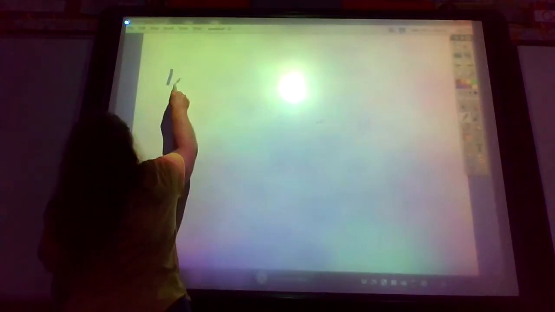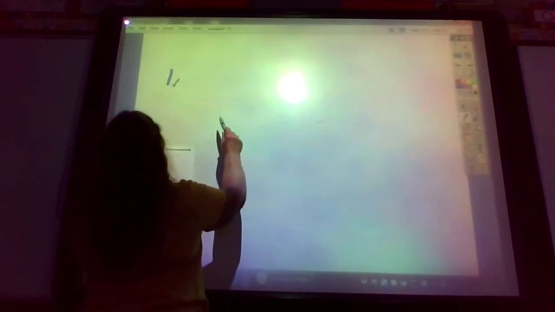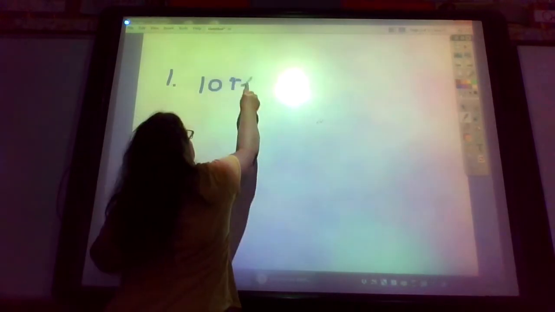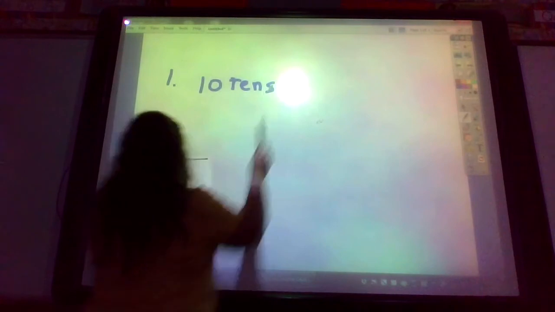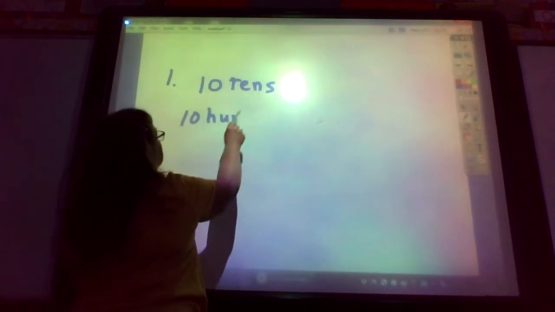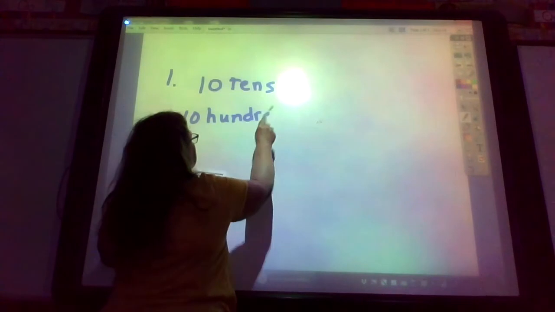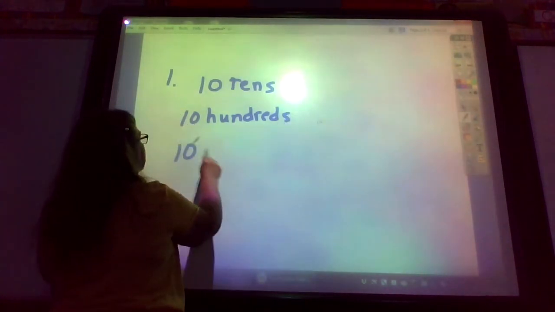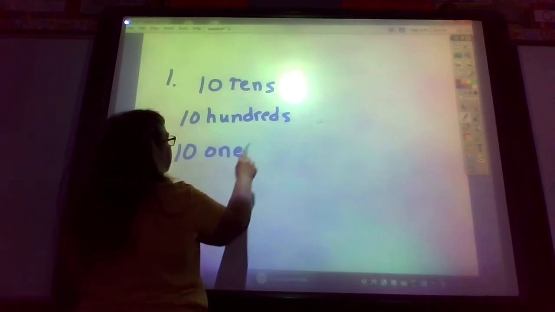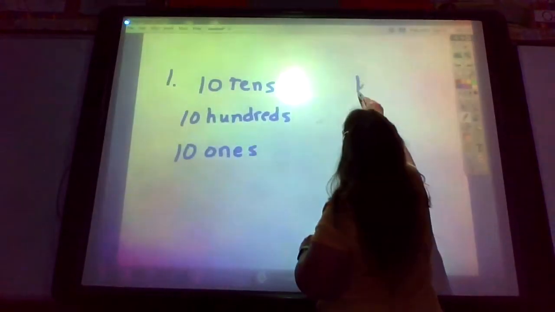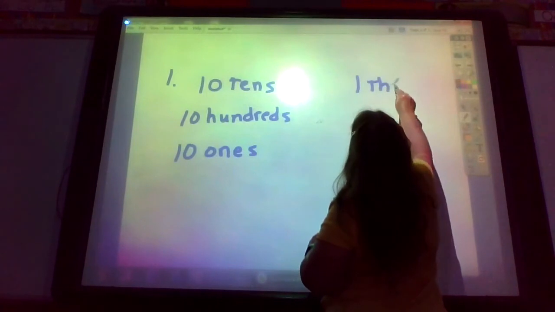Number 1 says we have 10 tens on the left-hand side, 10 hundreds on the left-hand side, and 10 ones on the left-hand side. On the right-hand side, we have 1,000.